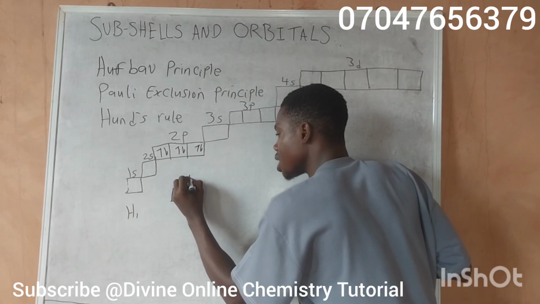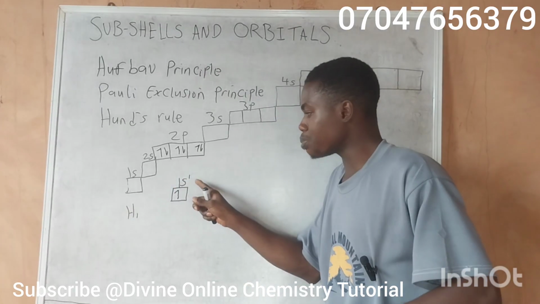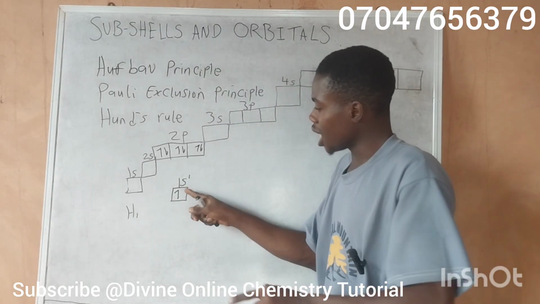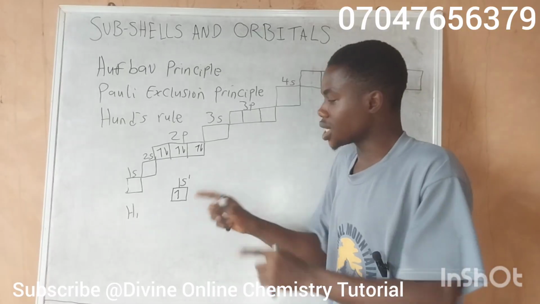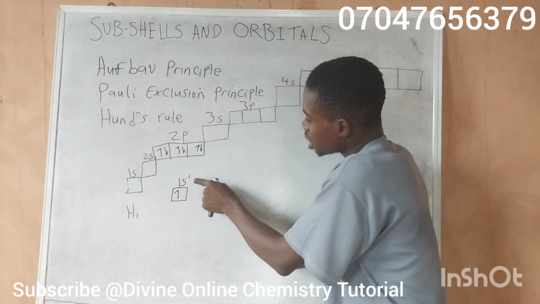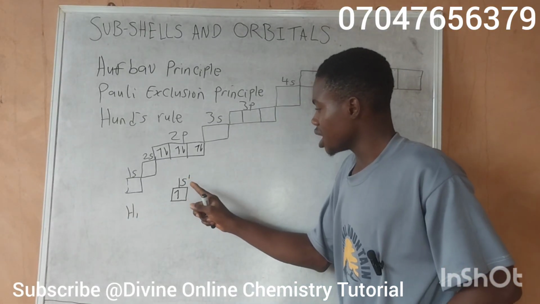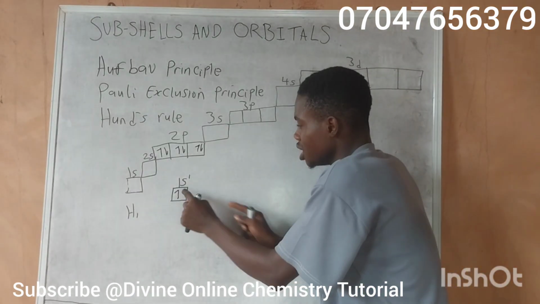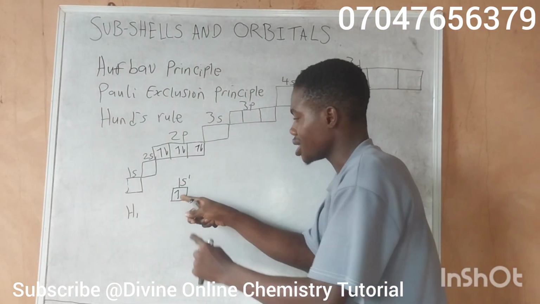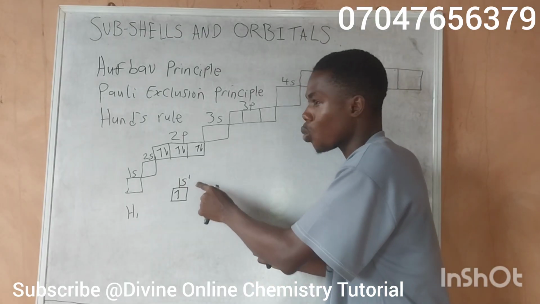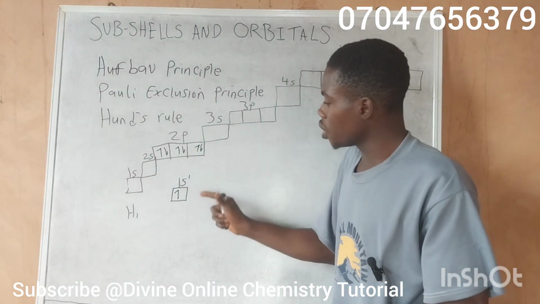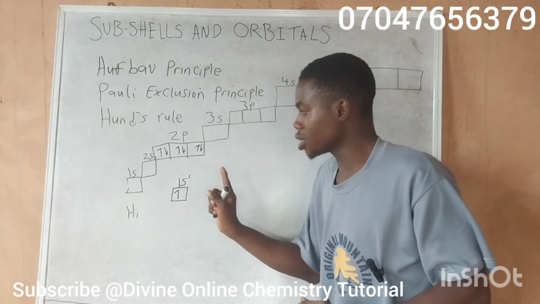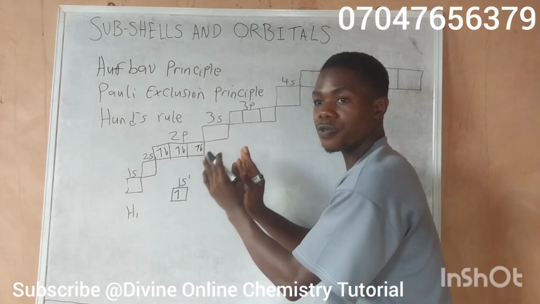This 1 here is written as a power at the top of the s, and it is talking about the electron of hydrogen. It represents the 1 electron that will rotate in this orbital. So the electronic configuration of hydrogen using orbital diagram is 1s1. Please take note of that. This is the way you represent it for hydrogen.